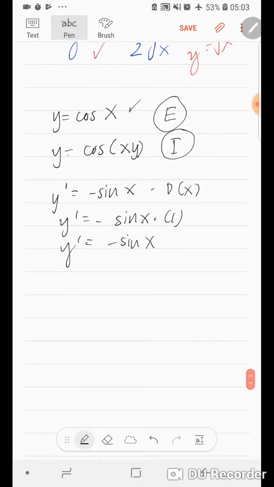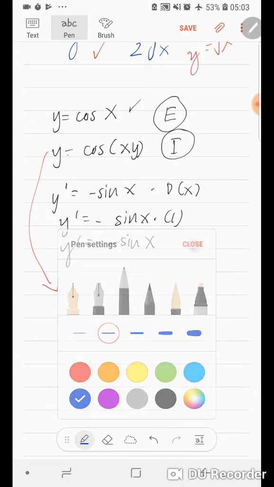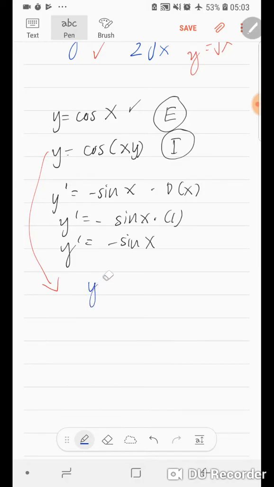And getting the derivative of y, the implicit function. So let's choose this color. y prime is equal to negative sine xy times the derivative of the xy that's inside, or we also call this your theta, or the angle that it subtends.